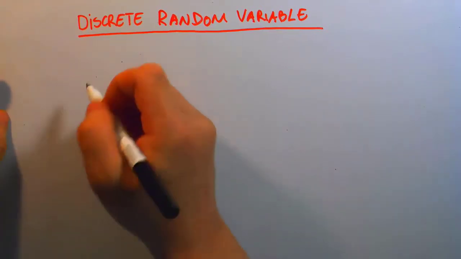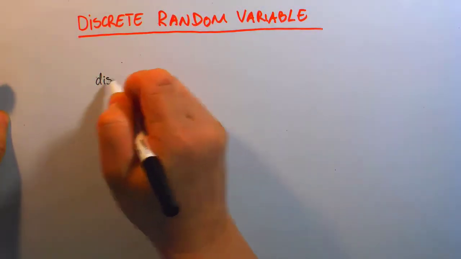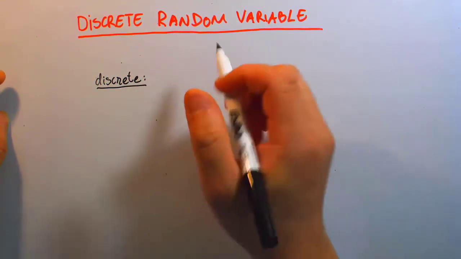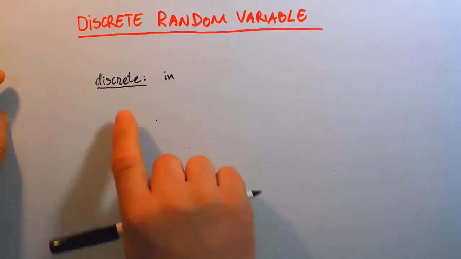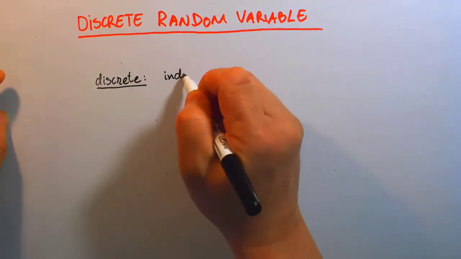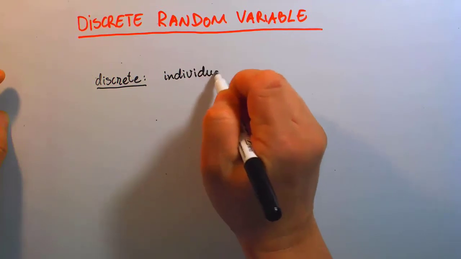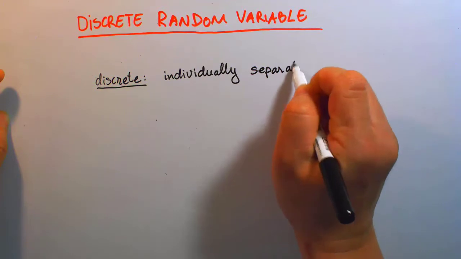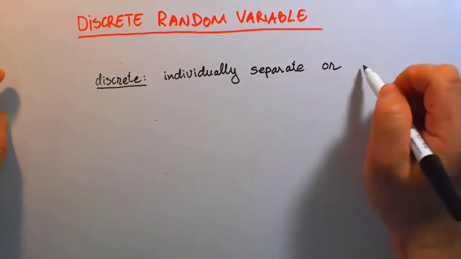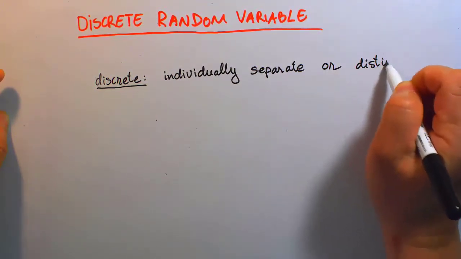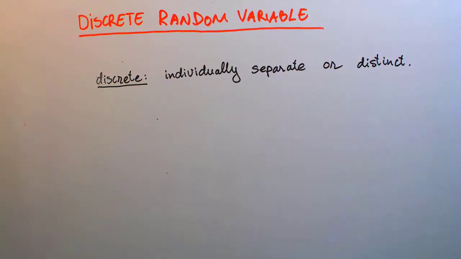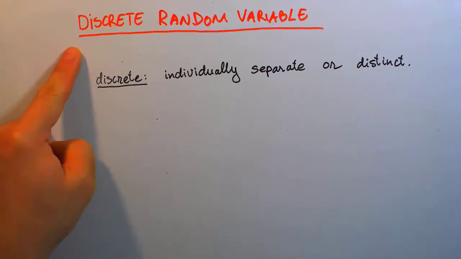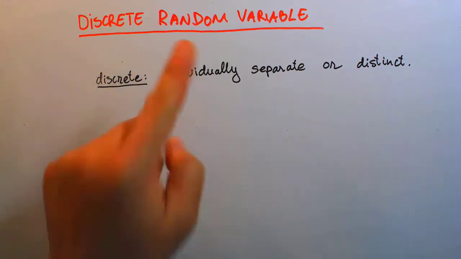As an English term, discrete is an adjective, and it means individually separate, or distinct. And really, that concept of being discrete lives in our understanding of a discrete random variable.